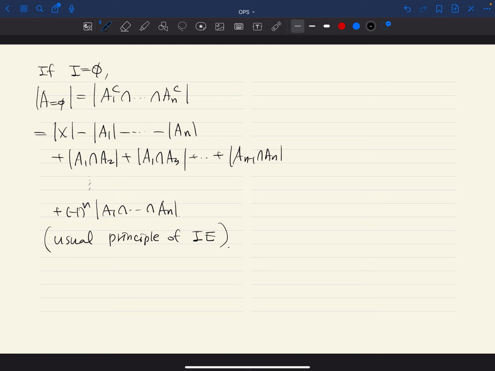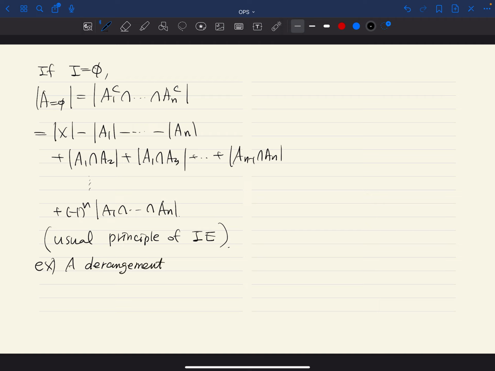Okay, let me give you an example. There are many examples using the principle of inclusion and exclusion. We have already actually seen some, but let me use this interesting example.